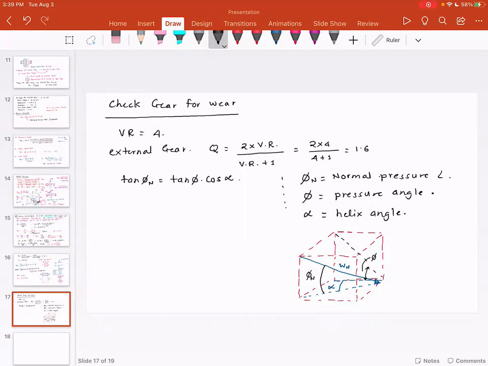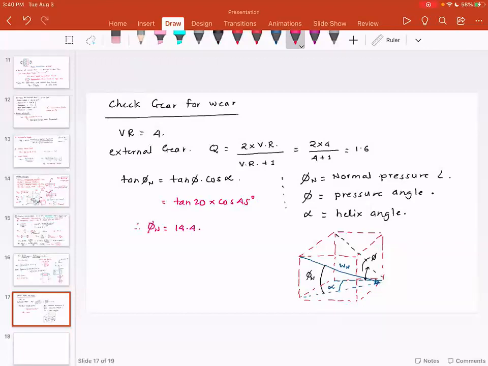So once you find out the value of phi n, tan phi n with phi at 20 degrees and cosine of 45 degrees, you find the value of phi n at 14.4.